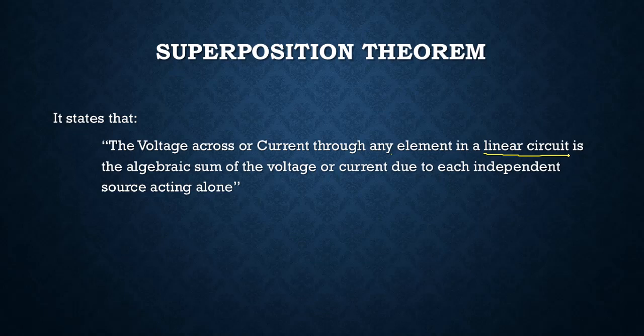But when we talk about power, which is equal to I squared R, since there is I squared involved, power is no longer a linear relationship. So you cannot apply the superposition theorem for calculation of power. It is only applicable for linear quantities only.